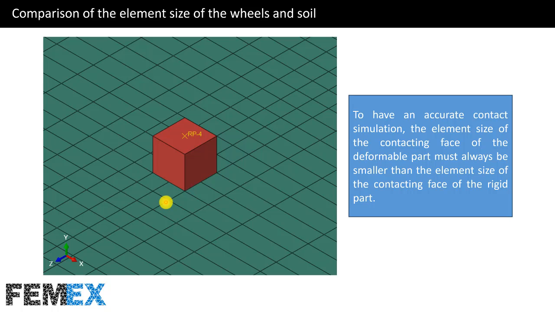To have an accurate contact simulation, the element size of the contacting face of the deformable part must always be smaller than the element size of the contacting face of the rigid part. And as you can see, here we have two elements in this direction and also two elements in this direction for the soil.